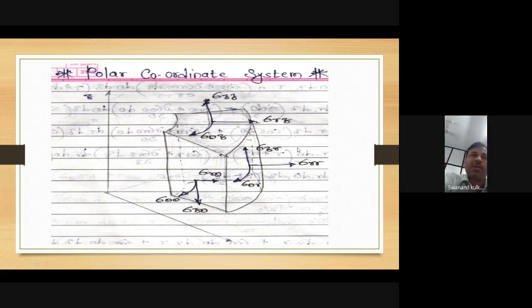So sigma rr represents the stress along the radial direction, and its component along the angular direction is represented by sigma theta r. Is it okay? So the notation sigma theta r means the component of a radial stress along the angular direction.